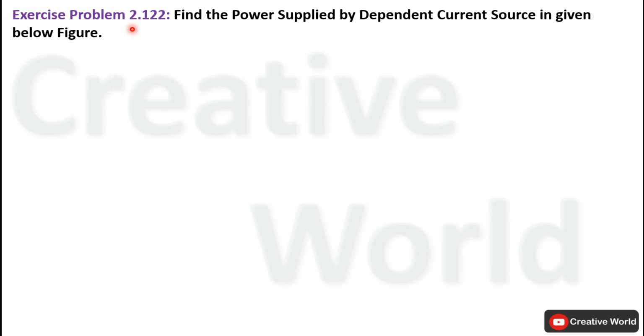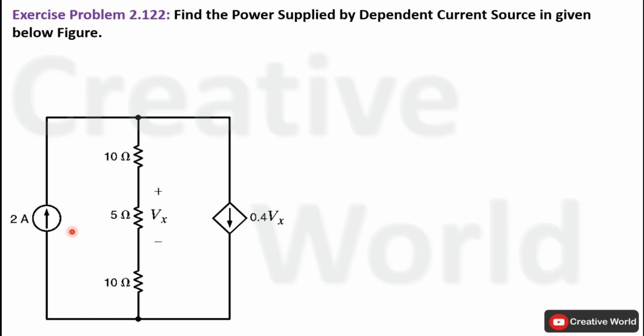Exercise problem number 2.122. Find the power supplied by dependent current source in given below figure. This is the circuit diagram of given problem. Inside this network, we have to find power supplied by this dependent current source. In order to calculate power supplied by this dependent current source, we should have at least two parameters.